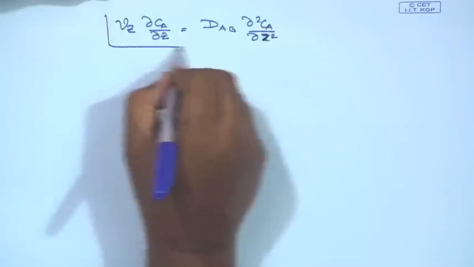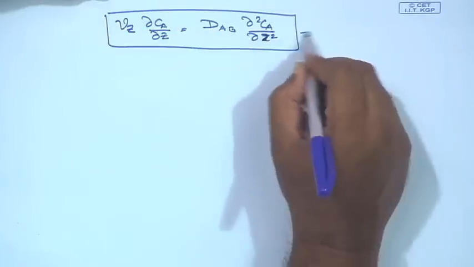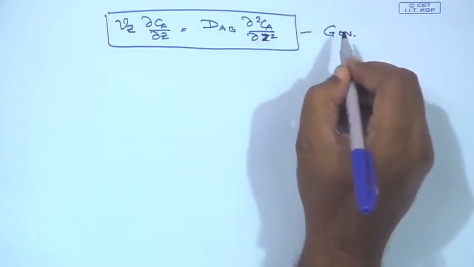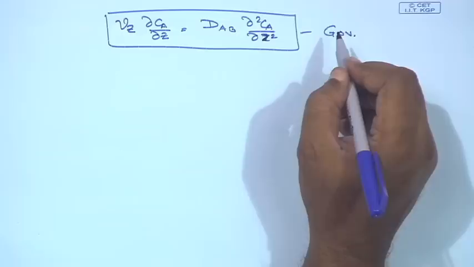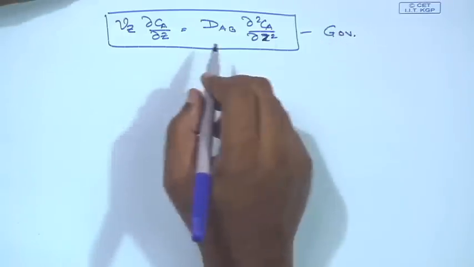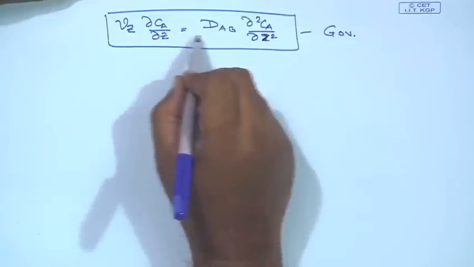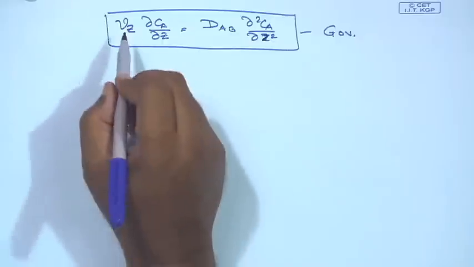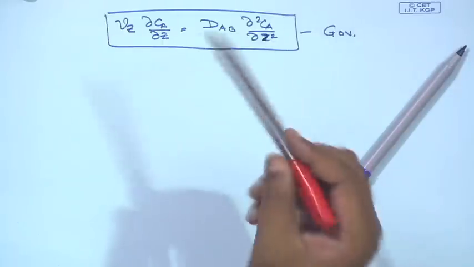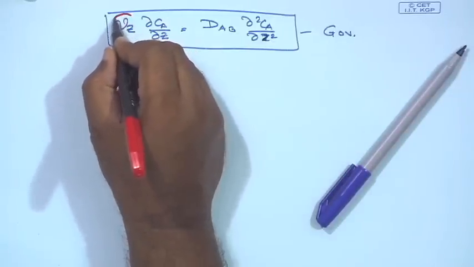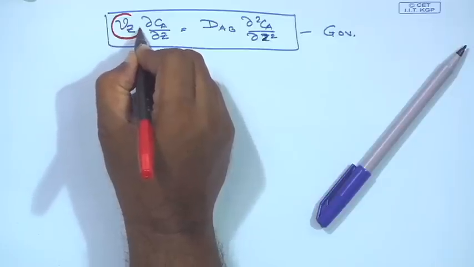So, this is going to be my governing equation, but I would like to draw your attention to the dependence of the species transport equation on the solution of the momentum transfer equation.